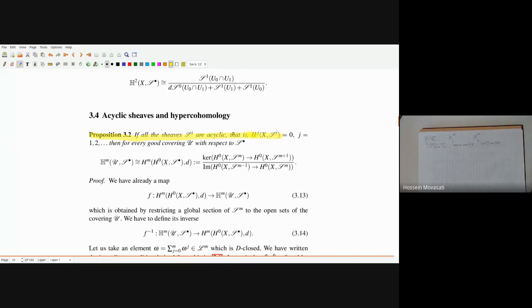In our case, differential i-forms. If there are no Čech cohomologies, then for the covering that we have taken, such that we can compute the hypercohomology with this covering, then this hypercohomology at the end will turn out to be the cohomology of these global sections of S^i.